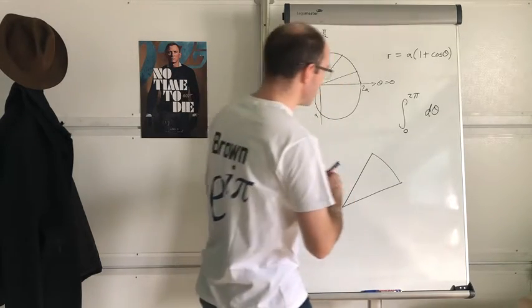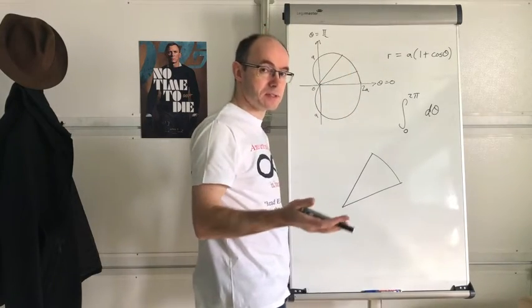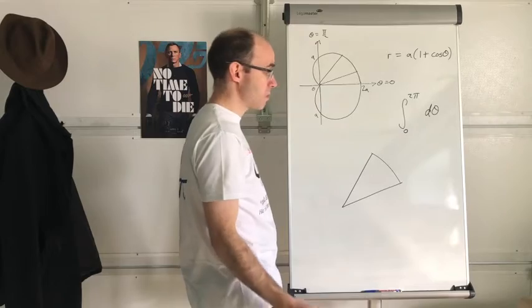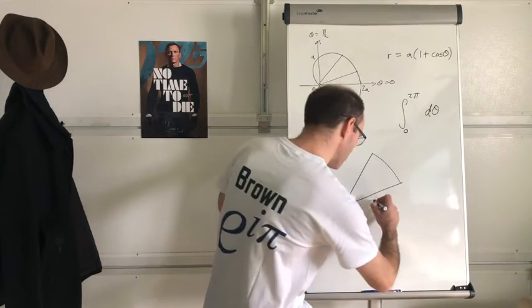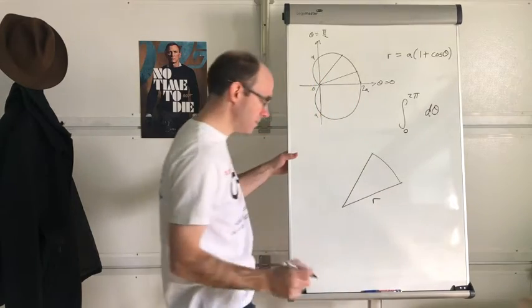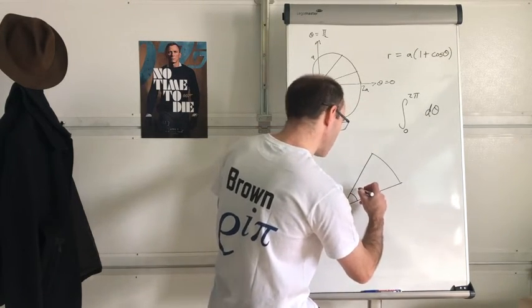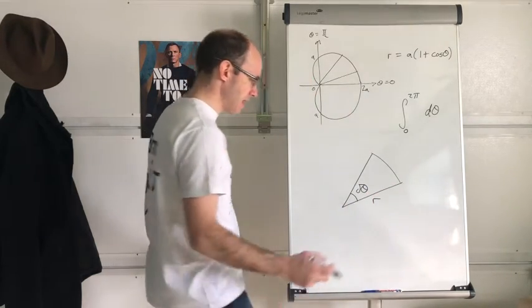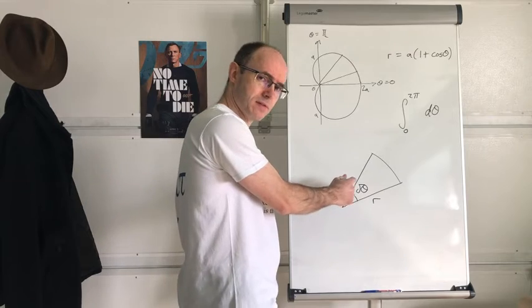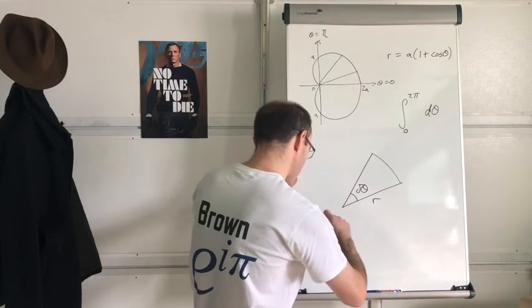What we can do is divide this shape up into as many different sectors of circles as we want, with varying values of r. I'm going to label that as r, and I'm going to label that angle there, because it's changing, as delta theta. Do you remember the formula for the area of a sector? Yeah, very good.